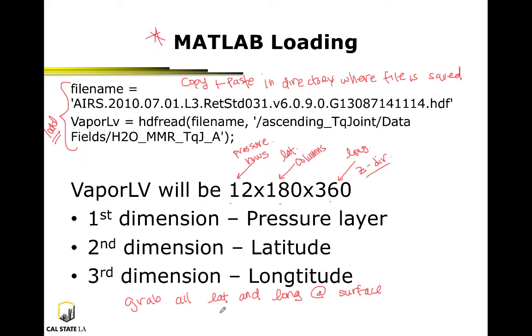So it would be vapor LV, layer number 1, all latitude, all longitude. And what this will do is give you a 2D surface where, if you wanted to do an image scan of this, the latitude would be on the y-axis and the longitude would be on the x-axis.